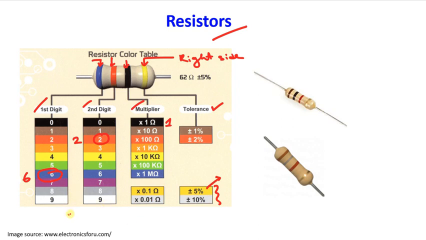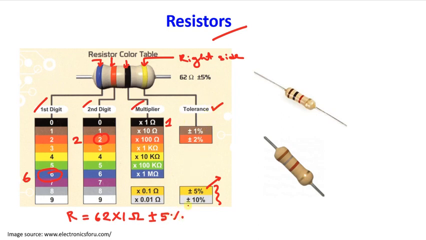Then the total value of resistance can be read from this color code as the first digit 6, then the second digit, into the multiplier, ohm, plus or minus the value of tolerance.